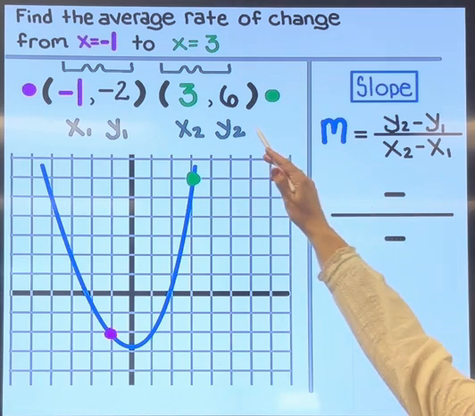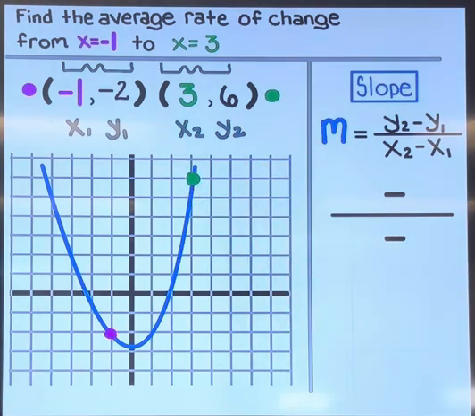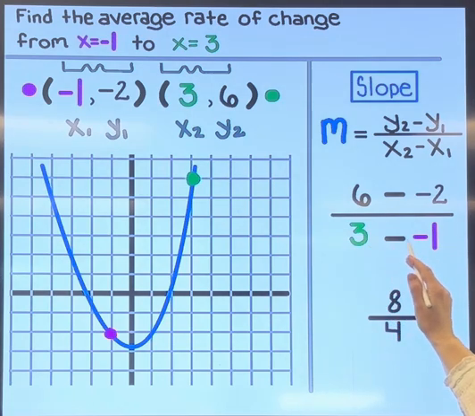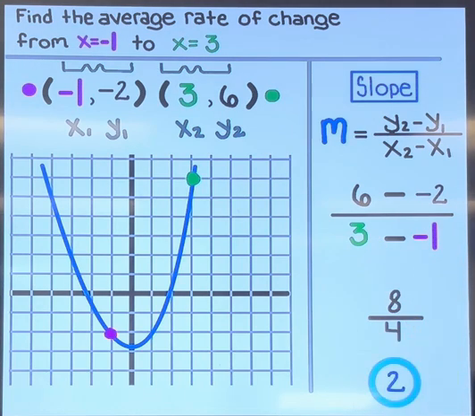So I'm going to take 6 minus a -2, and then 3 minus a -1. Minus is plus, so I have 6 plus 2, which is 8. 3 minus -1 is 3 plus 1, which is 4. And 8 divided by 4 is 2.